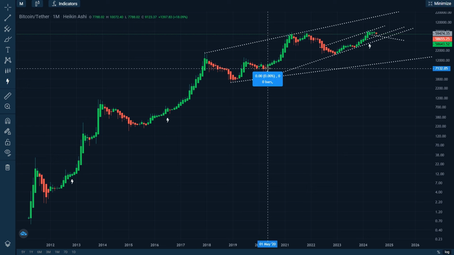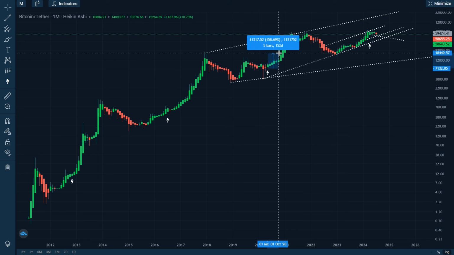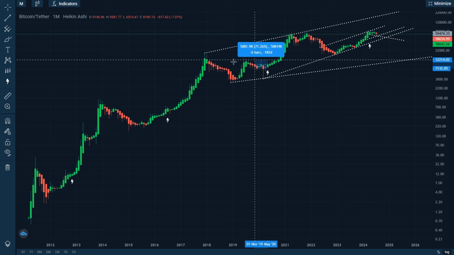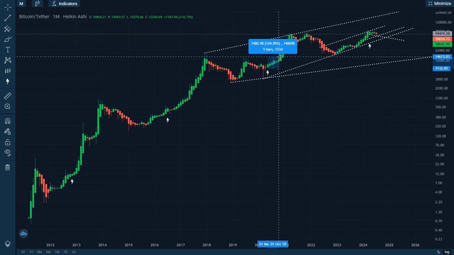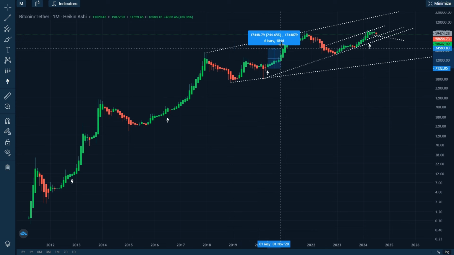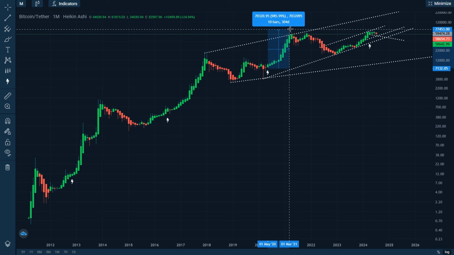Okay, the 5th month is usually a top breakout area. So at the 5th month here, we got right at the breakout, the top area. Then our next tops come in at 10, 11, and 12.